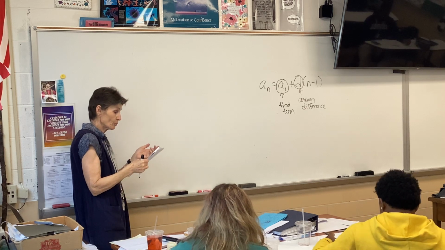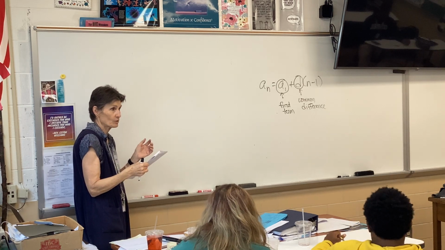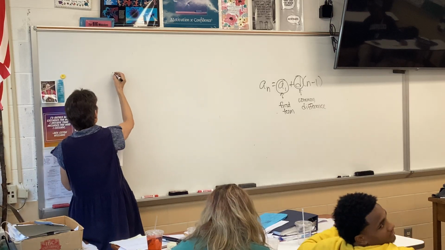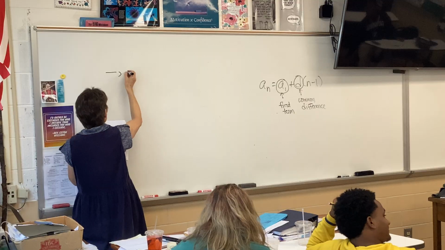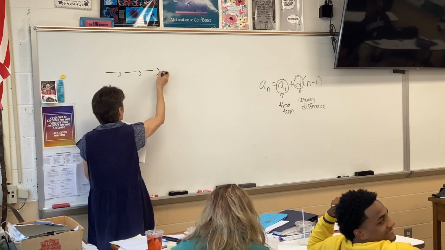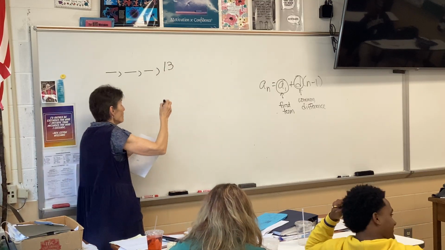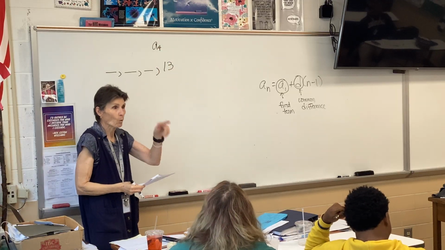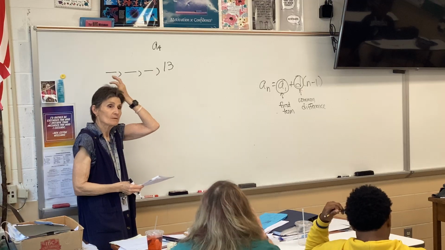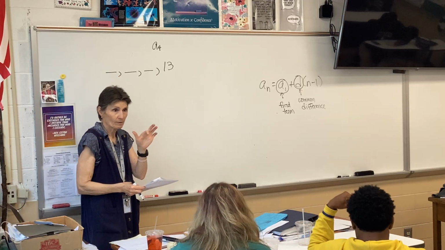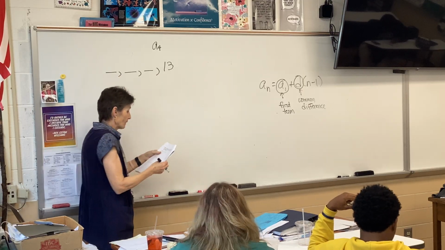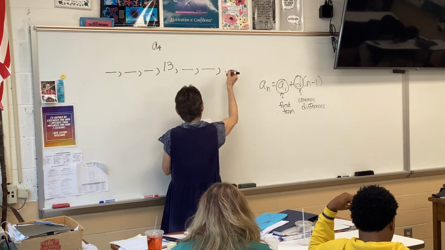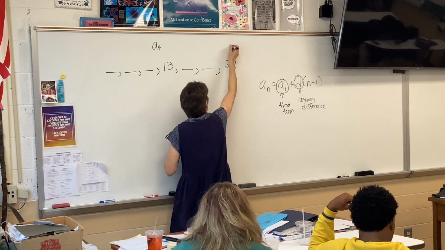Find the first term and the 100th term. Okay, so let's draw a picture of this. Here's the first term, second term, third term. Remember, a sub 4 means the sub is the term number. So there's the fourth, fifth, sixth, and the seventh term is 22.